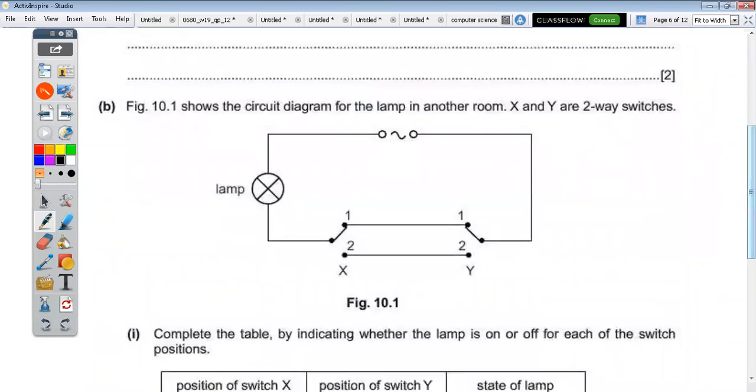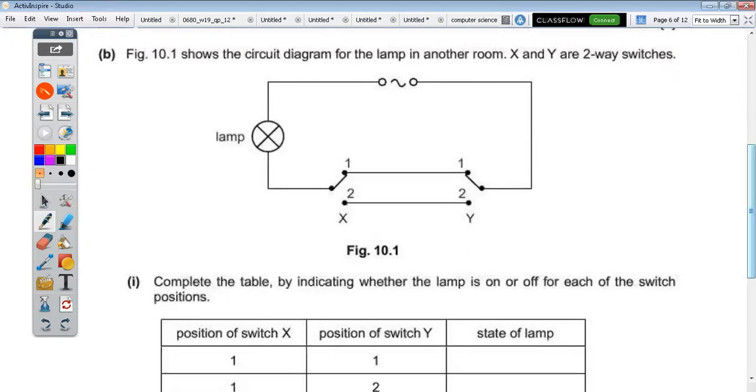Now, Fig 10.2 shows you the circuit diagram for a lamp in another room, X and Y. A two-way switch.